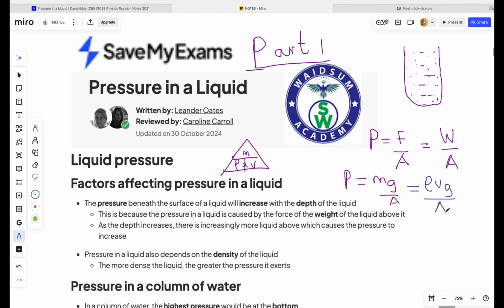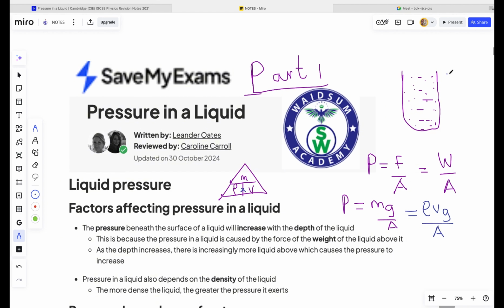Now this volume, that's another step. I want you to remember that volume is simply area multiplied by the height of the liquid, the depth of the liquid. We call it height, the depth of the liquid. So we simply replace the volume V with area and height.